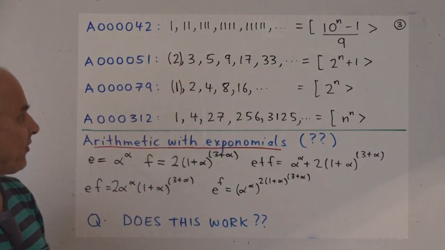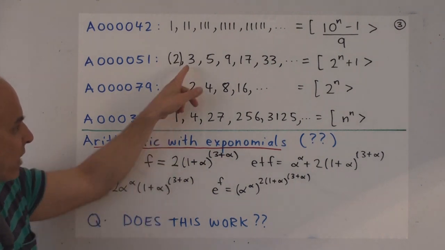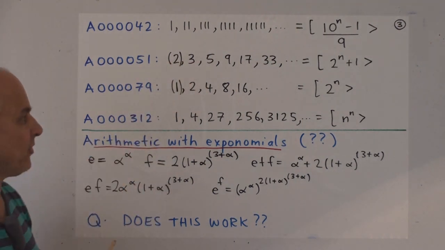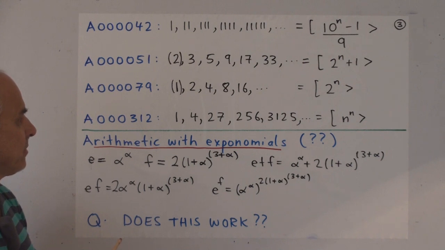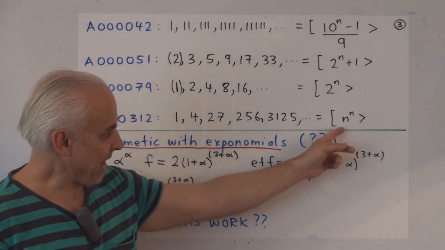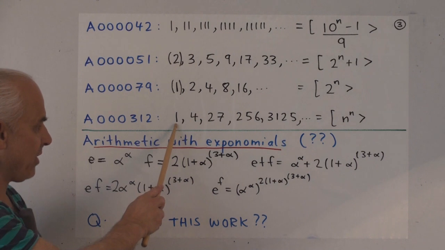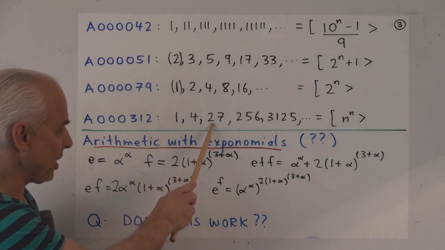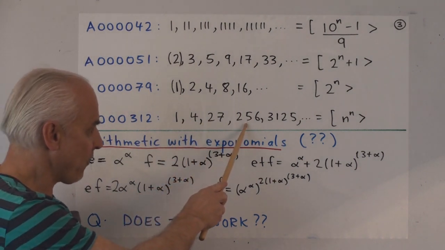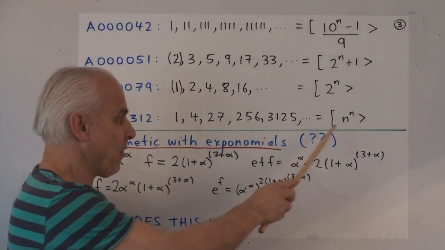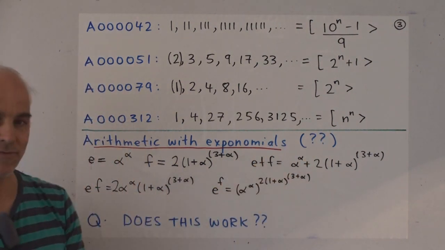So I'll put that in brackets just to indicate that we're actually starting our sequences with n equals 1. The powers of 2, that's number 79 in the sequence. And a more complicated one, the n to the n sequence: 1 to the 1, 2 squared, 3 cubed, 4 to the 4th, 5 to the 5th, and so on. That's number 312.